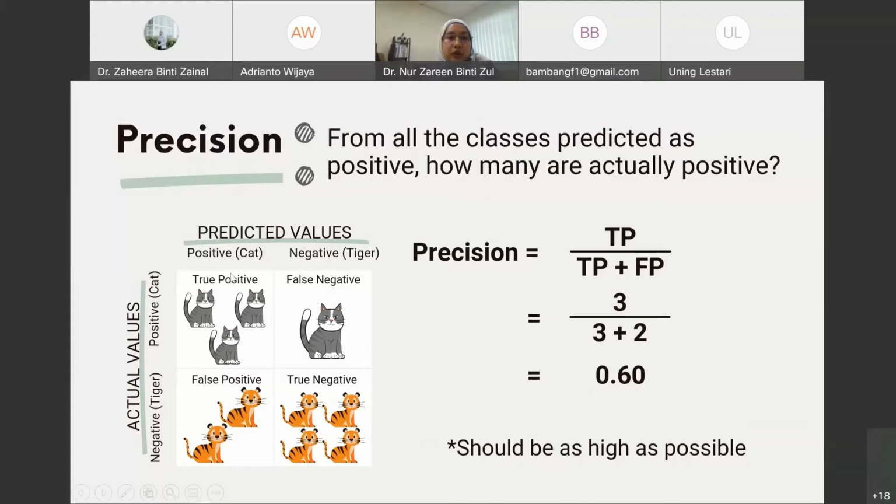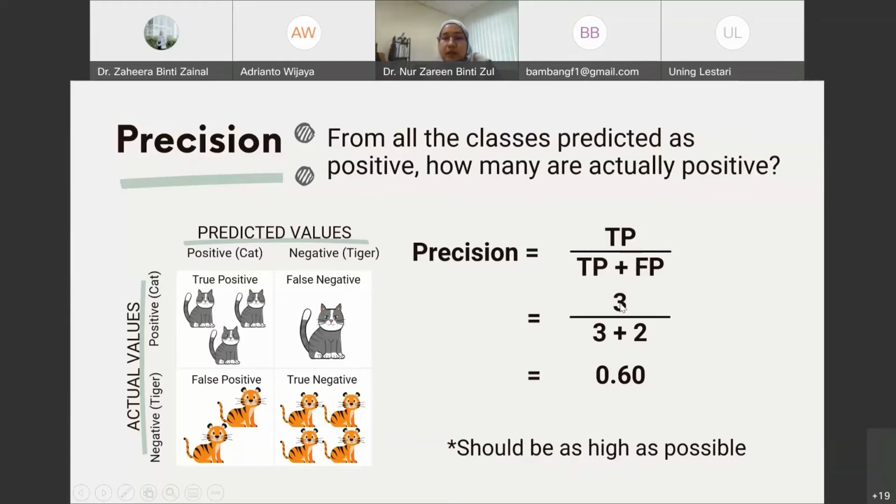So you would look at this column here. These are all that your model predicted as positive. So your model predicted 5 cats, but in actuality, how many cats are there out of the 5? So the formula would be, you look at true positive, you divide it by true positive plus false positive.